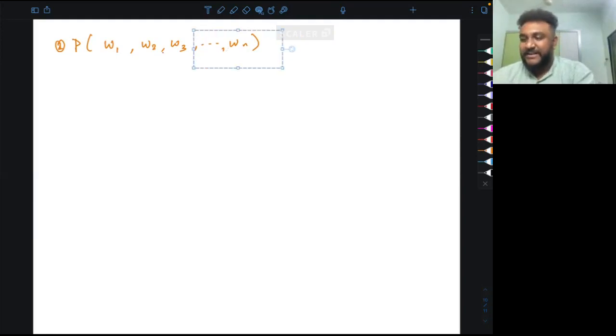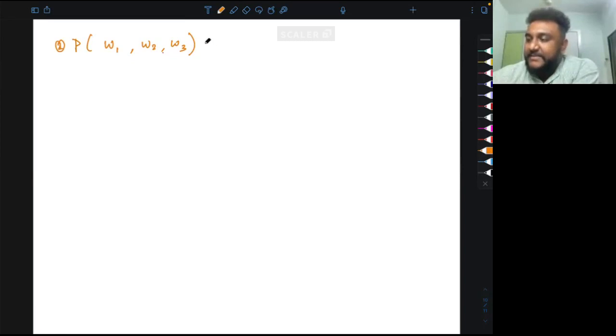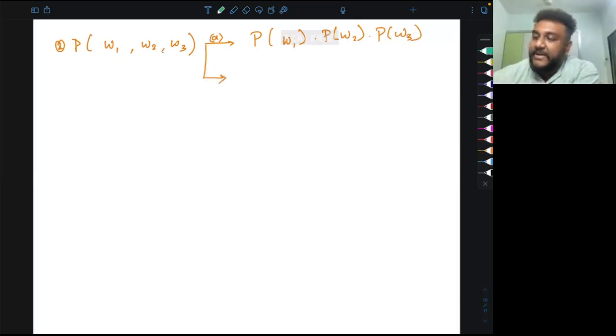Let us just assume that there are 3 words over here. So A is the naive Bayes approach. Naive Bayes will tell us that this is P of W1 into P of W2 into P of W3. But the approach we are now going to take up is that of a bigram.